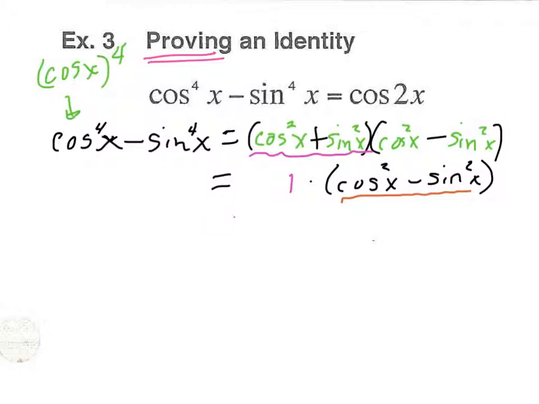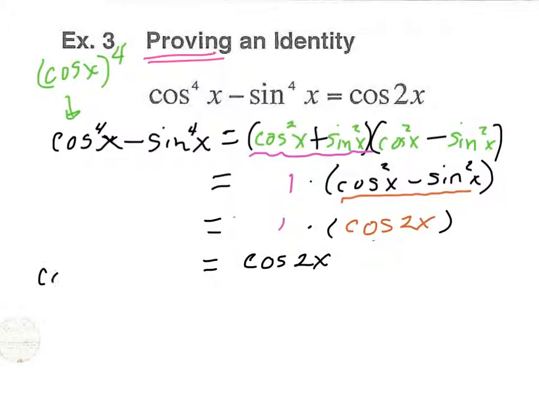So equals, this one is the cosine of 2x, and it's times 1. So now when I multiply those together, what do I get? Cosine of 2x.